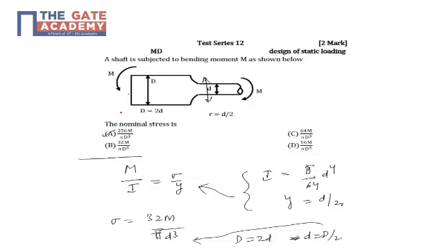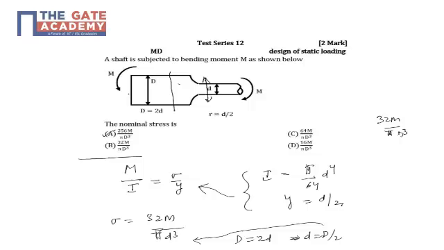This is a simple problem; the only thing is you have to understand which section governs. If you calculate the stress in the larger section, it will be 32 M by pi D cube.